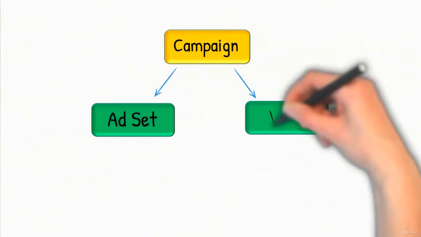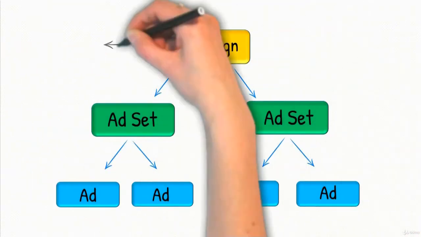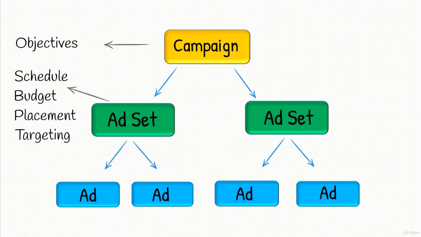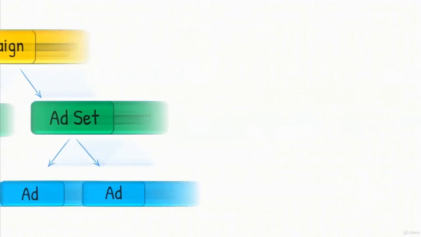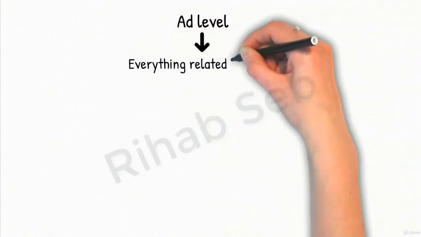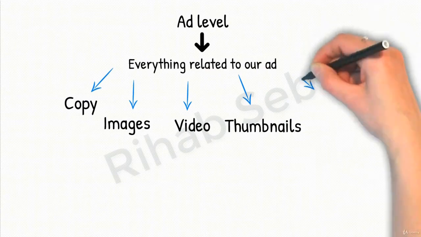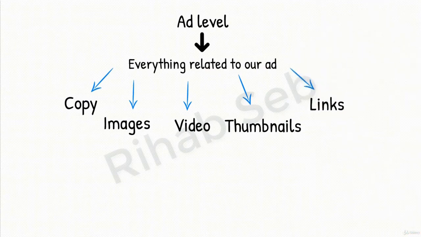After we have seen the second level, which is the ad set level, we'll move to the third level, the ad level. At this level, we will choose everything related to our ad: the copy, the images, the video, the links and everything. You can also put different ads under the same ad set, which is something I personally prefer not to do.